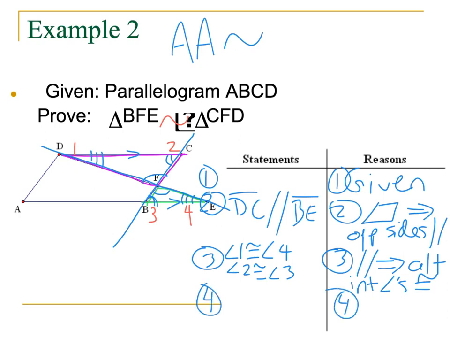And since I've got two pairs of angles congruent, triangle BFE is similar to triangle CFD by angle-angle similarity. That's how you're going to do it. We're going to expand on this in the next video, which I know you're excited about.